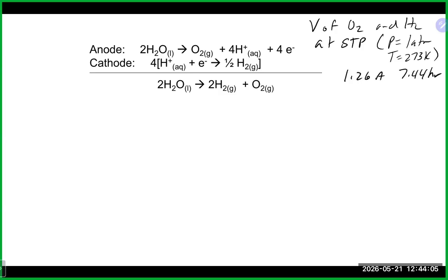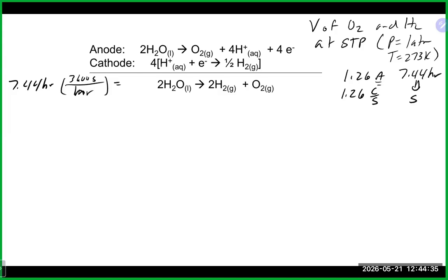Again, we basically have how long we ran the cell for and also the current. So we could start this just like we did the other one and figure out our coulombs of charge. Again, remember that an ampere here is a coulomb per second. That also means that we want to get this into seconds. So go 7.44 hours and do a little conversion there, an hour is 3,600 seconds.